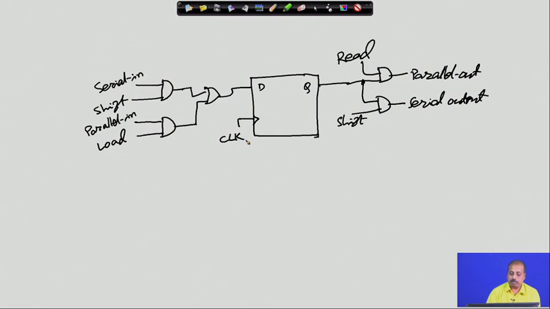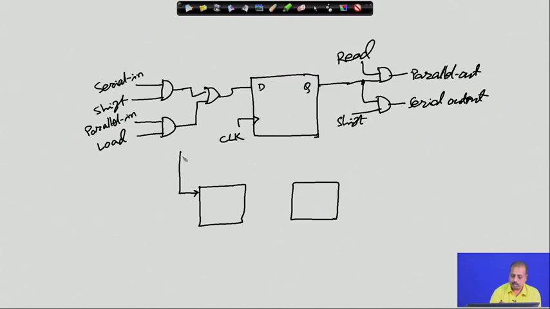Now, if you are connecting two stages, I am just showing two stages of that register, though there can be 4 such stages. Now, this parallel input has 4 lines.